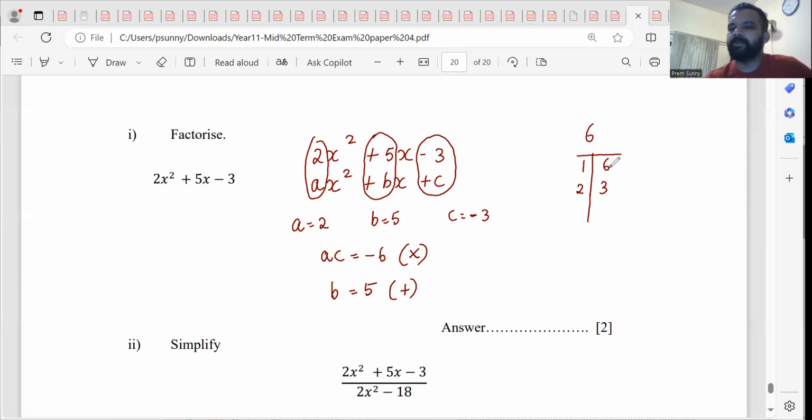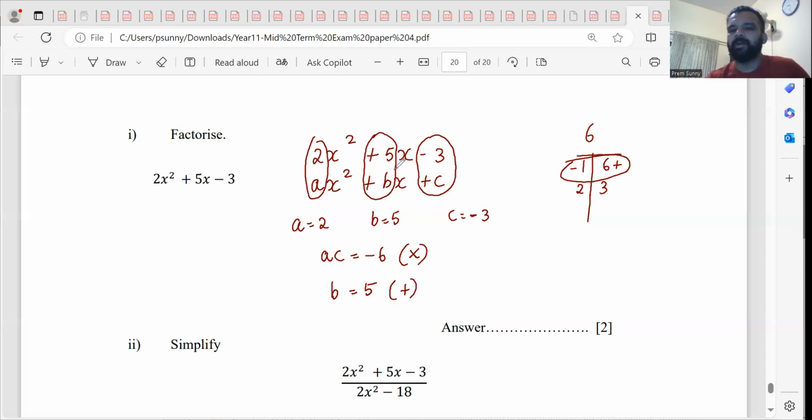So two numbers that add to 5 and multiply to minus 6. That is plus 6 and minus 1. 6 minus 1 gives 5, and when I multiply 6 with minus 1, I get minus 6. So that satisfies the condition.